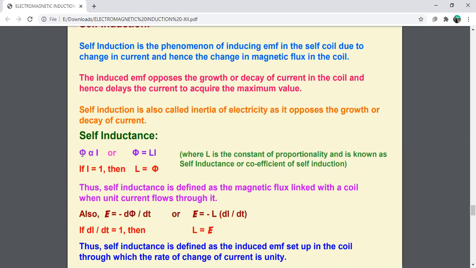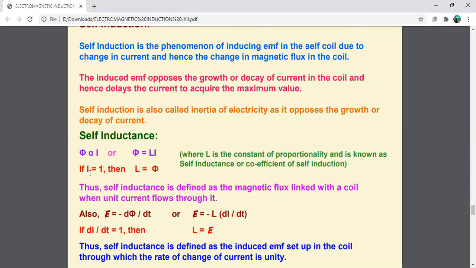Hence, the magnetic flux changing through the coil due to its own changing current is directly proportional to the current through the coil. And hence, phi equal to L i, where L is the proportionality constant and is called the inductance of the coil or inductor.